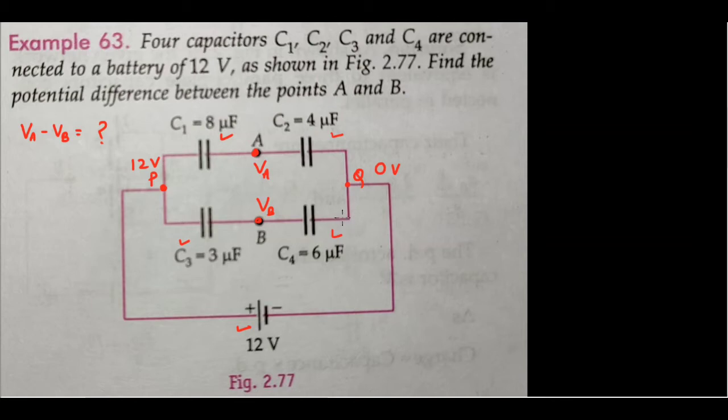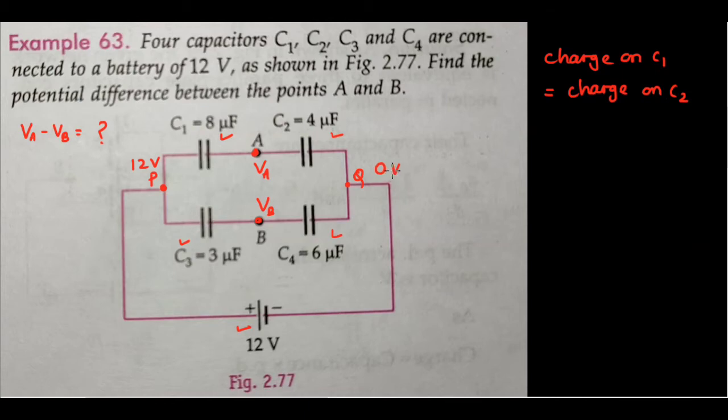We know that in series combination, the same charge appears across all the capacitors. So in the diagram, C1 and C2 are connected in series, so I can write that the charge on C1 will be exactly equal to the charge on C2.